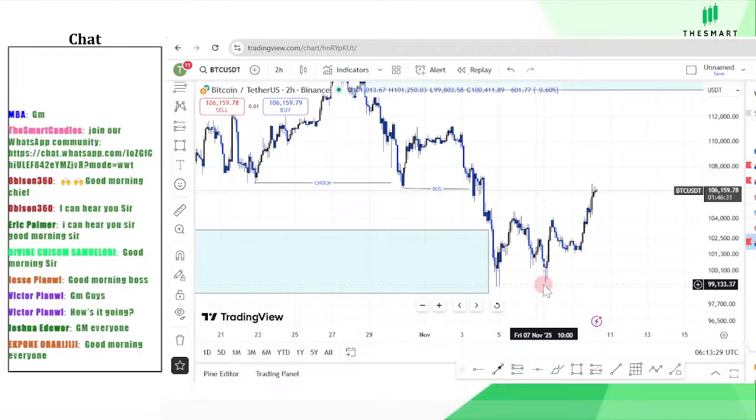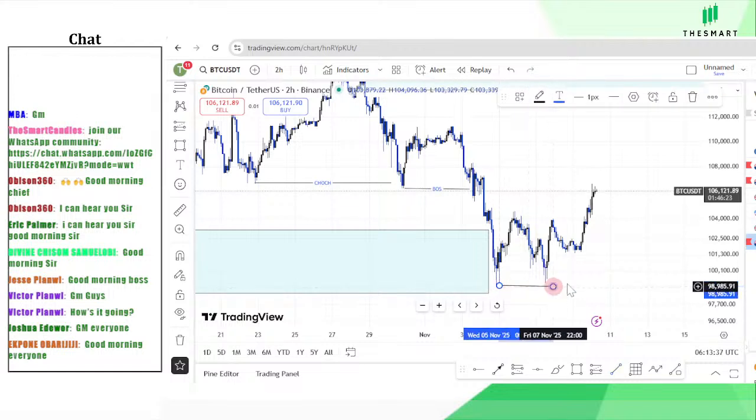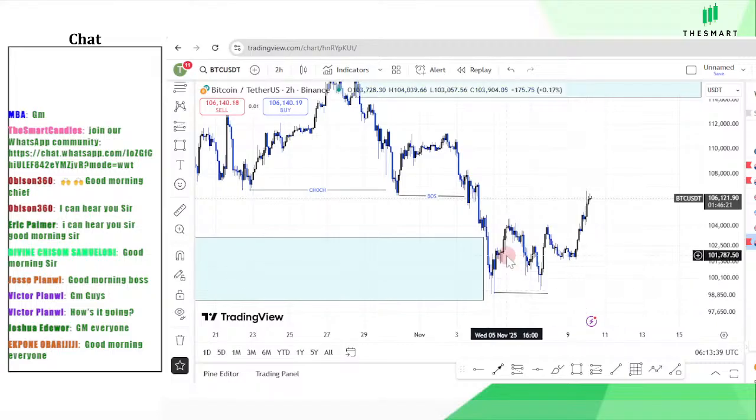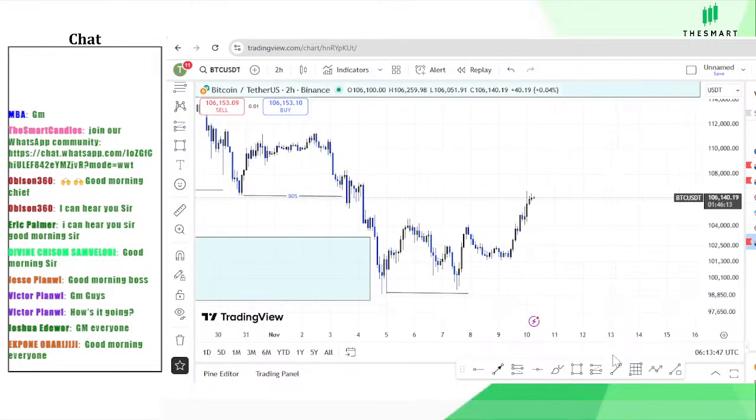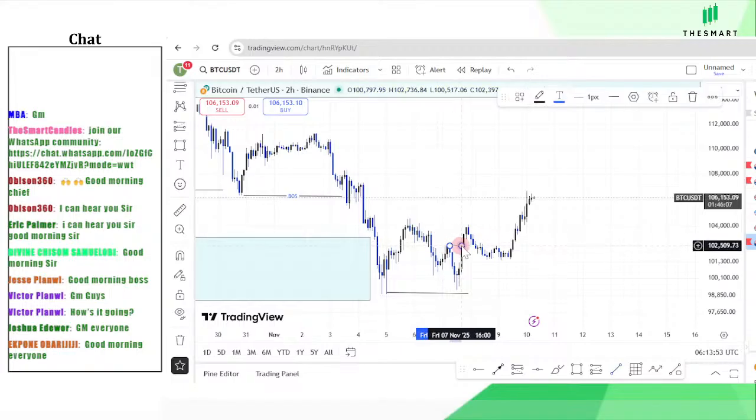So if you look at this, you can see we had this point, which was a low, and you see this price dropped, giving us a new low at this point. After we had this new low, this was the internal high. So at this point, we had this internal change of character.